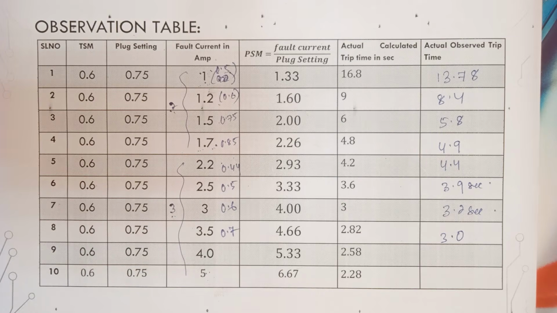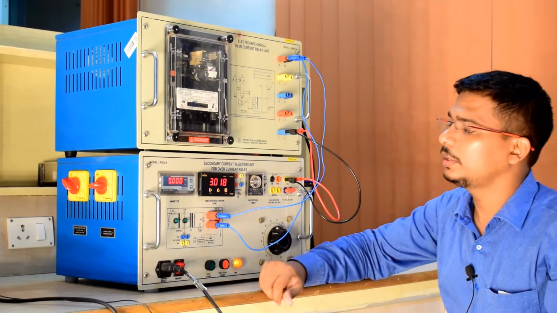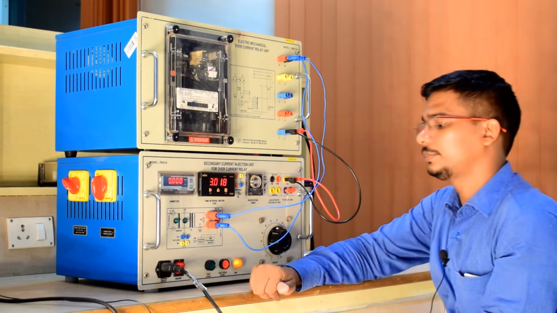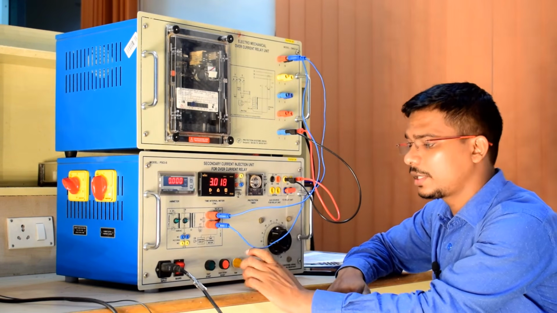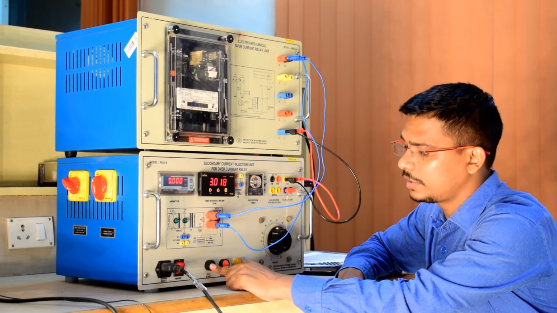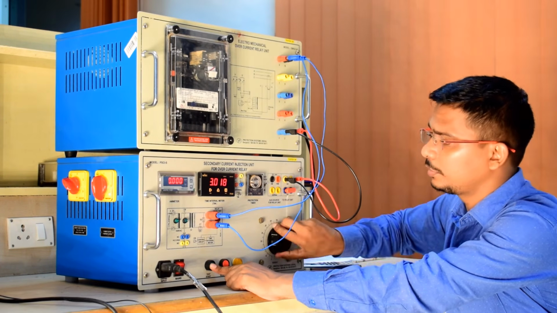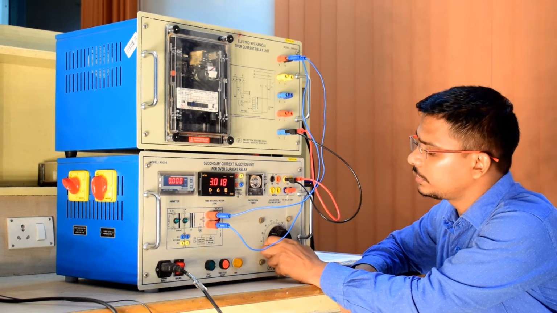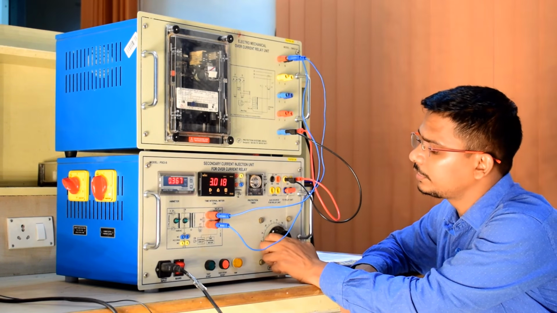Now for 4 by 5, this is 0.8. So we have to give for the 0.8. Reset, then this will be 0, press start, and we have to set it equal to 0.8.